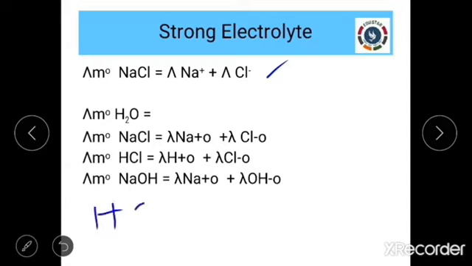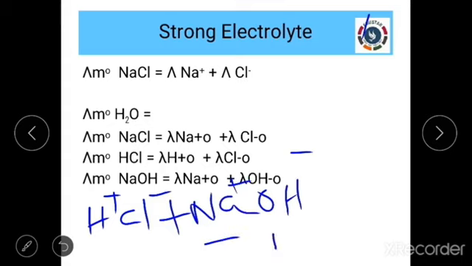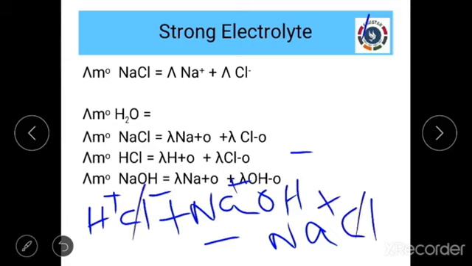HCl is taken first, so H+ ions and Cl- ions, plus NaOH, Na+ and OH-, minus NaCl. It means Cl- and Cl- get cancelled, Na+ and Na+ get cancelled. The remaining things are H+ and OH- ions.